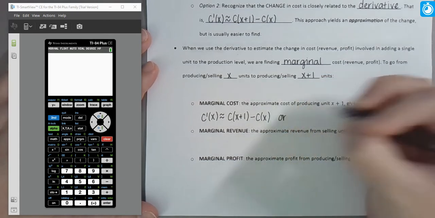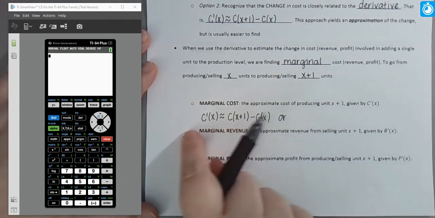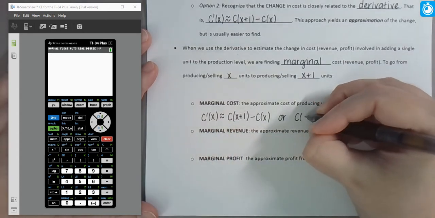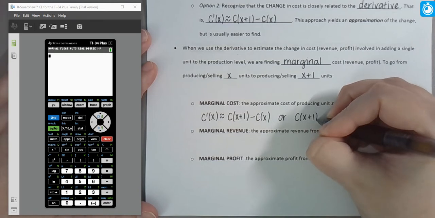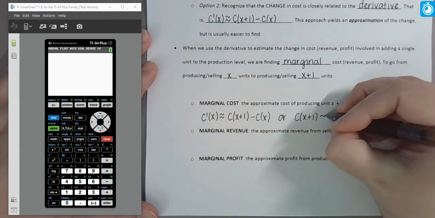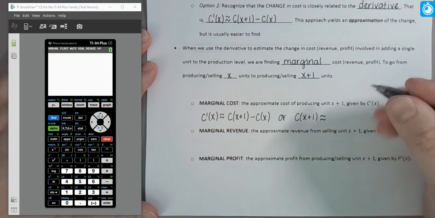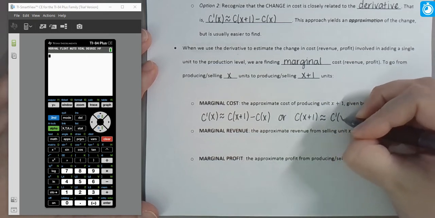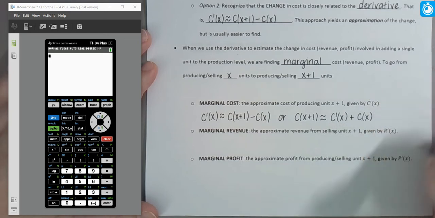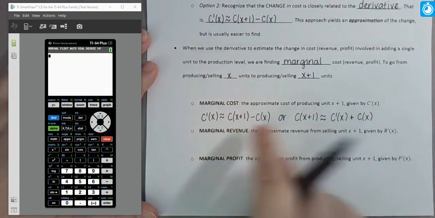Or alternatively, depending on how we want to use this approximate relationship, the total cost of producing at that new production level is also approximately the same thing as our derivative plus the total cost at our current production level.